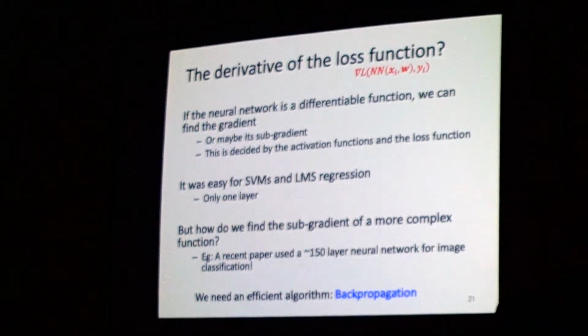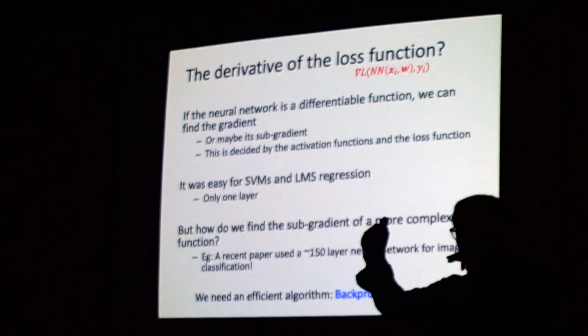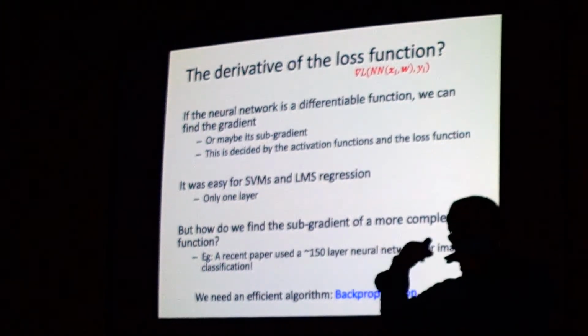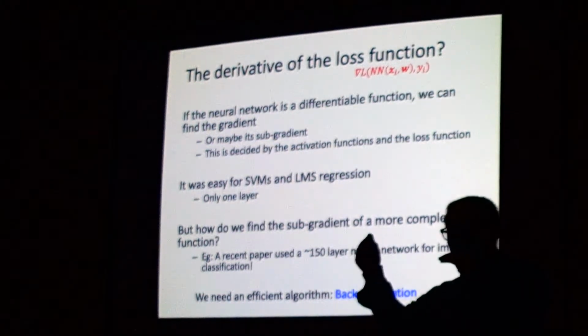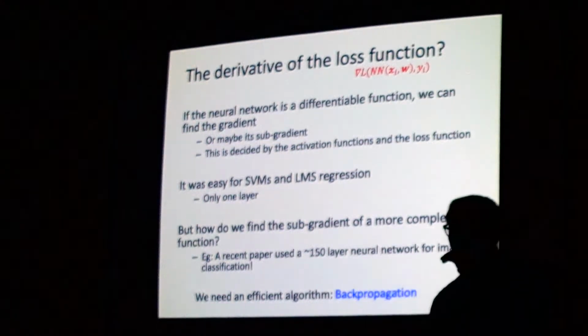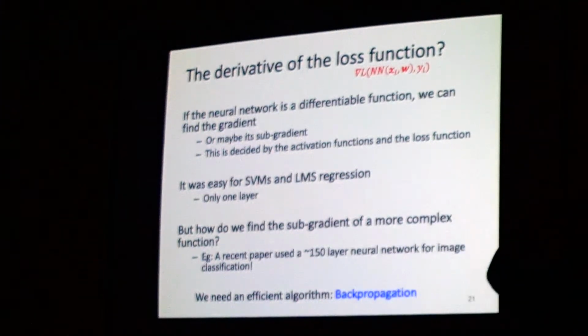Backpropagation combines the neural network architecture and the chain rule to avoid repeated computation and to cache intermediate results, so that you can use one pass from the output layer to the input layer to calculate the gradient with respect to each weight.